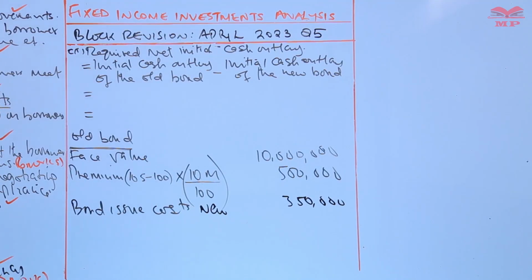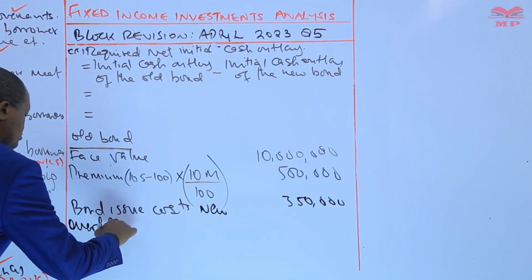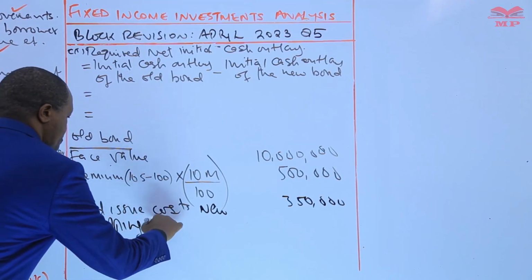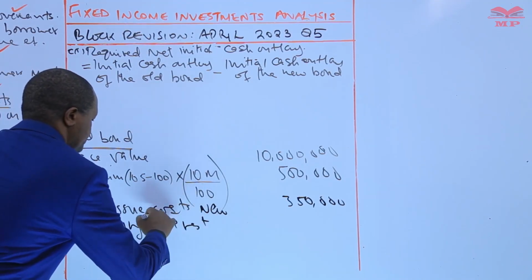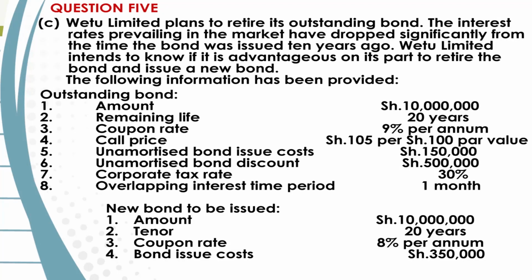Then we add the overlapping interest. The overlapping interest period from the information given is 1 month.